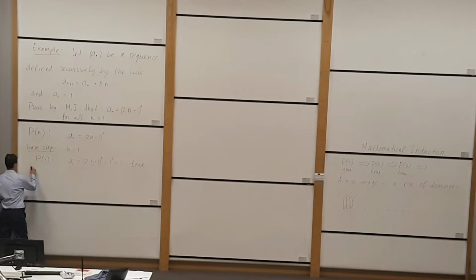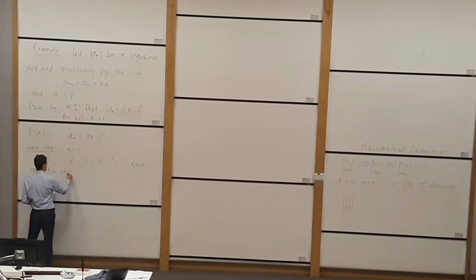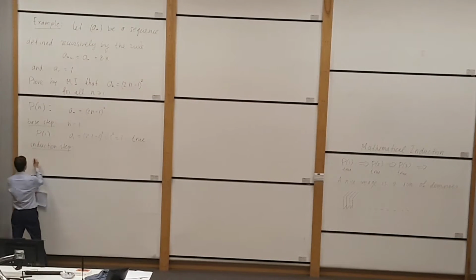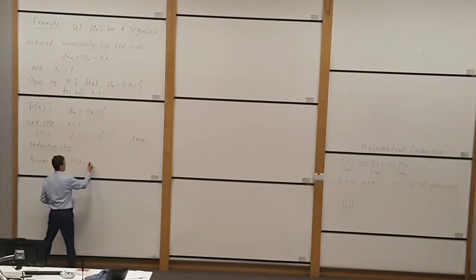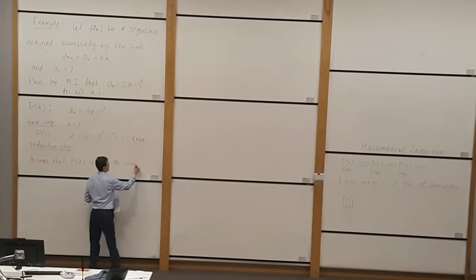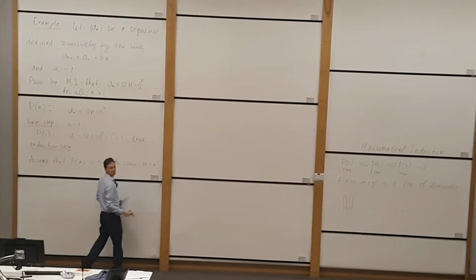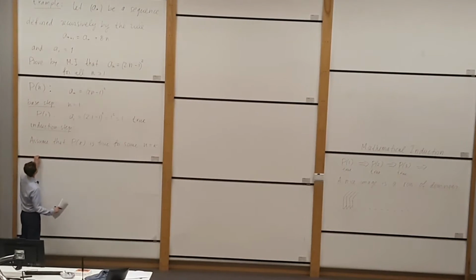Okay, on to the induction step. So now we assume that P of k is true for some n equals k. Okay, so what does it mean explicitly?